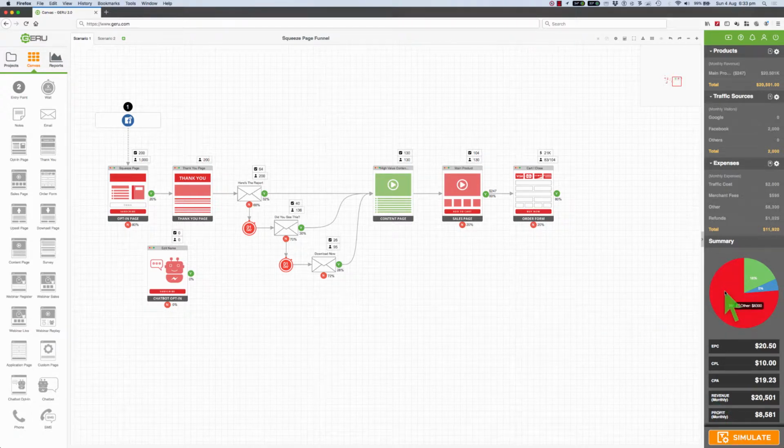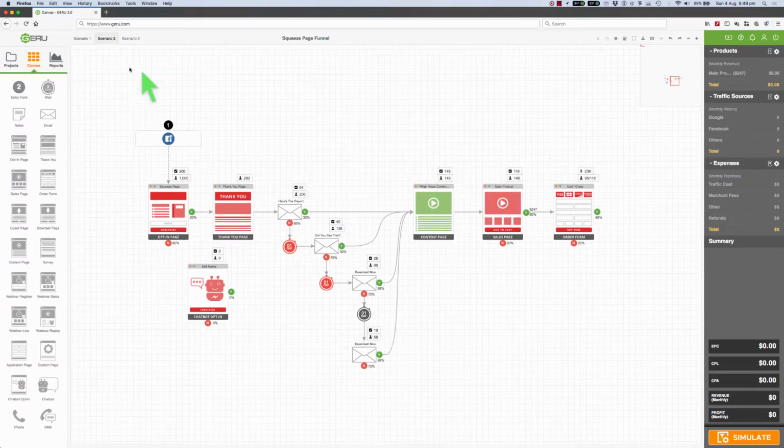But as you can see, there are significant costs here. So let's play with some of these figures to see if we can improve things. I have added two further scenarios to our analysis, and in scenario 2 I've just added another email message.